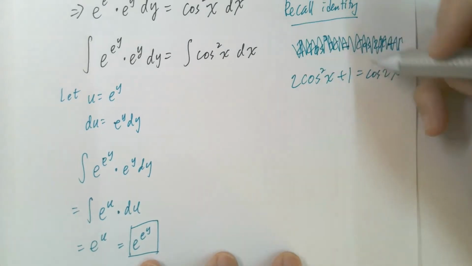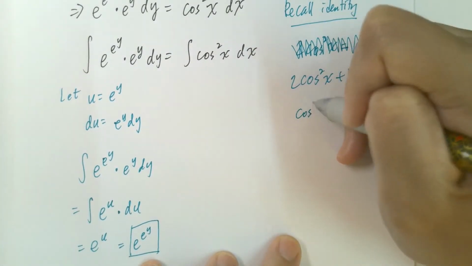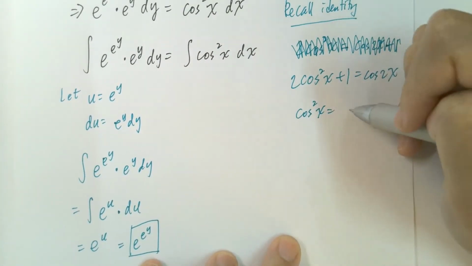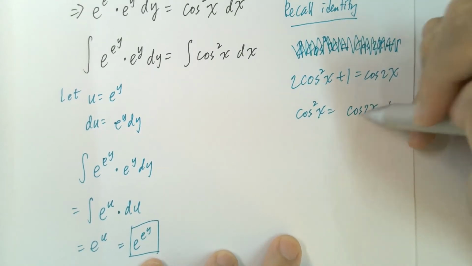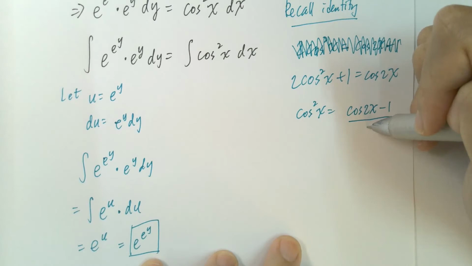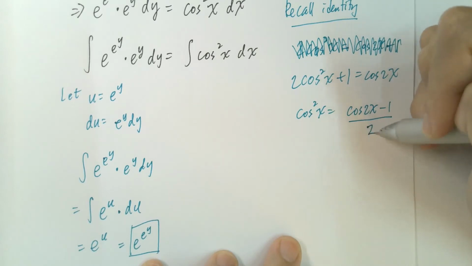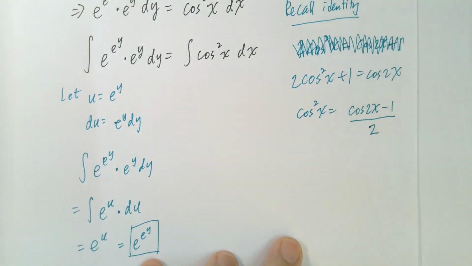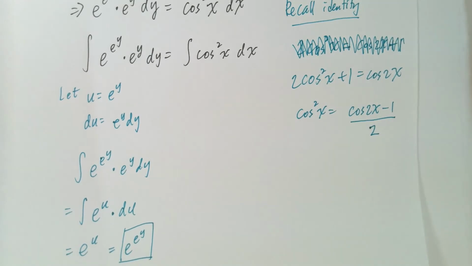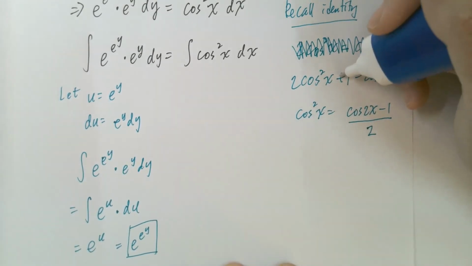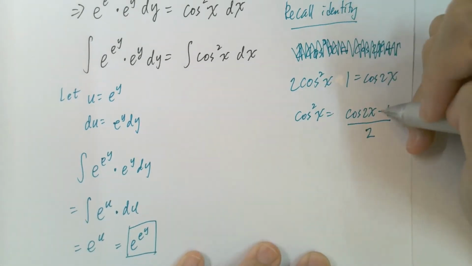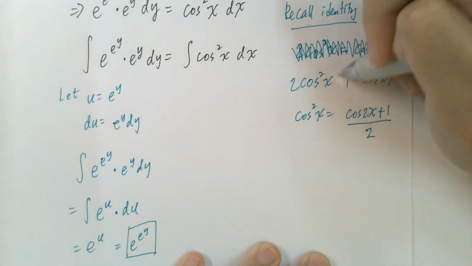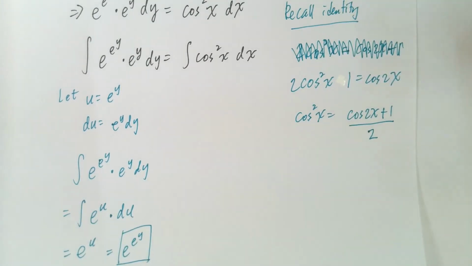Therefore, cosine square x equals cosine 2x minus 1 divided by 2. I think I'm horribly mistaken about the identity because I never memorized this kind of identity. So I think it's minus 1 instead of plus 1 over here, my bad. So this one should be minus 1. Okay, let's wait for it to dry and I'll fill it back in.